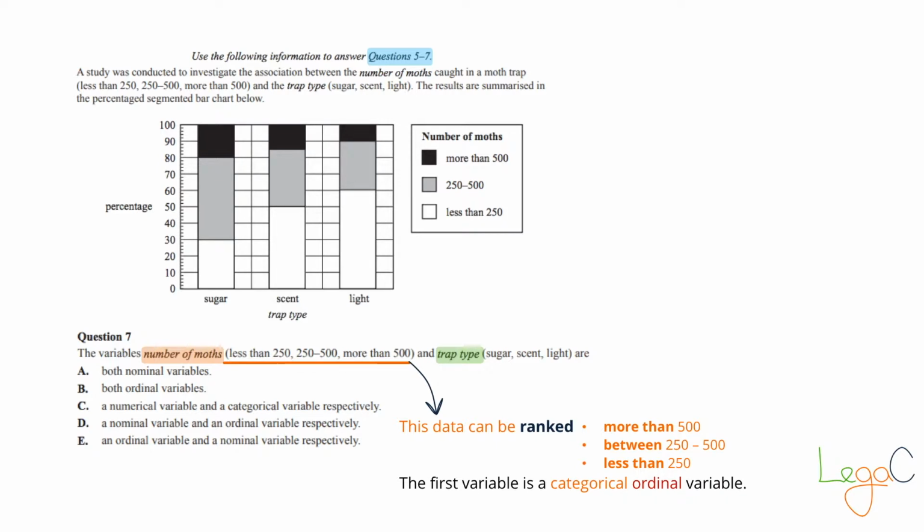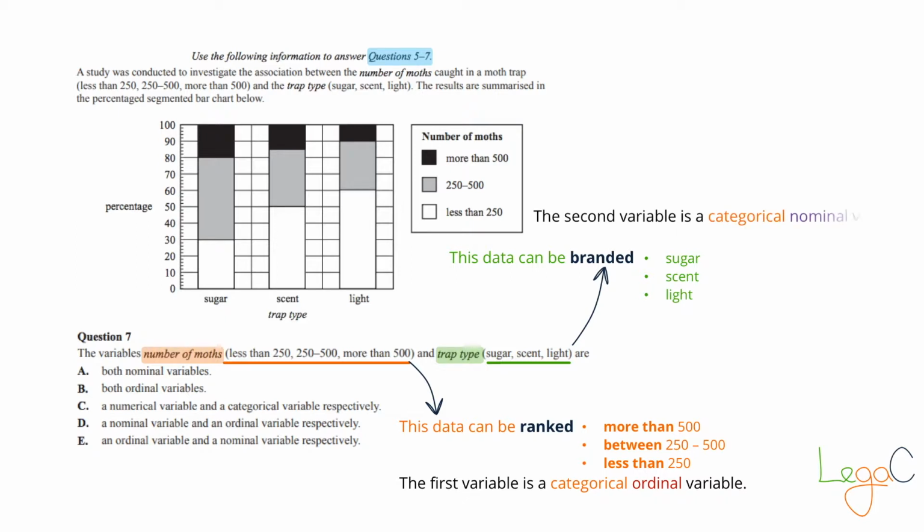Trap type, this type of data can be branded: sugar, scent, light. So the second variable is a categorical nominal variable. For this reason, the answer we are after is option E. Be careful with the word respectively, because this means that the variables have to be put in order.